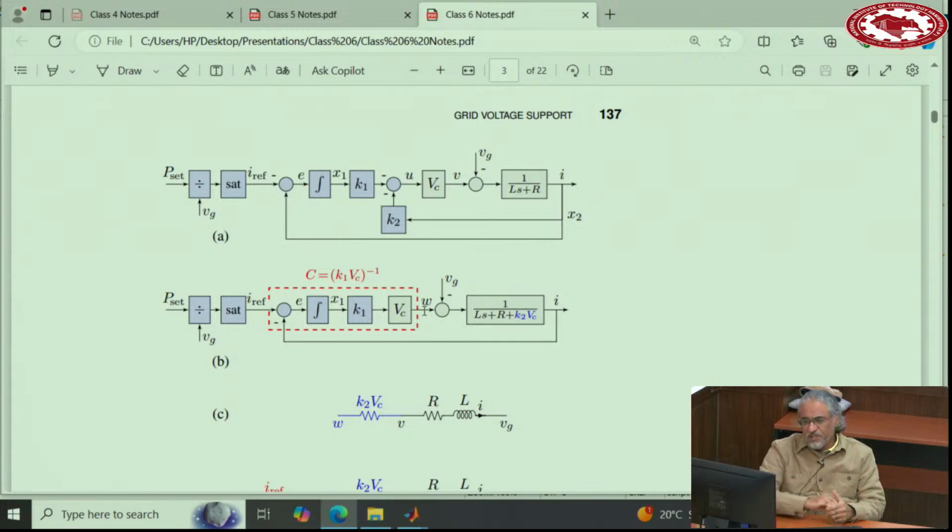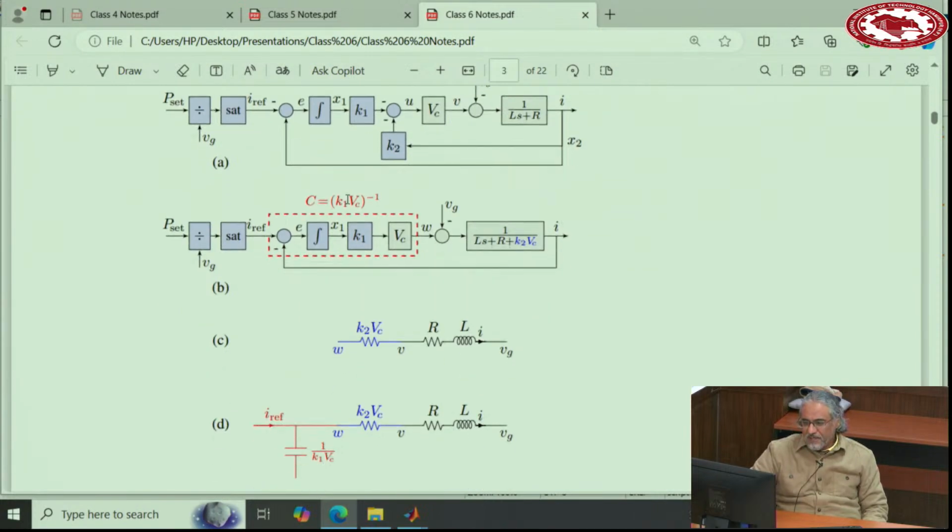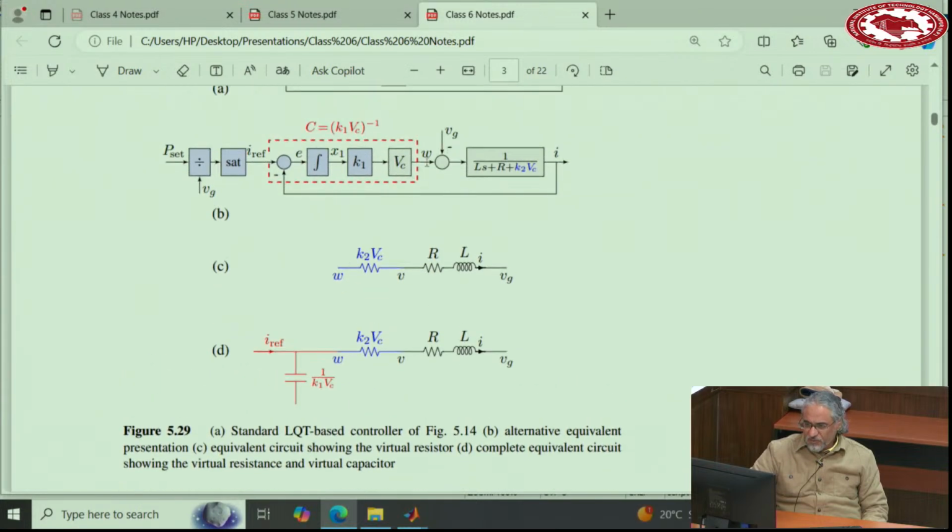So what I'm proving here is that this controller, this integrator and these two gains, look like they are adding virtual elements. K2 adds a virtual resistor, and this K1 adds a virtual capacitor to the system. This is for the internal part, adds a resistor, and this is for the integrating part, adds a capacitor. And this is the reference current, and that's the actual current.